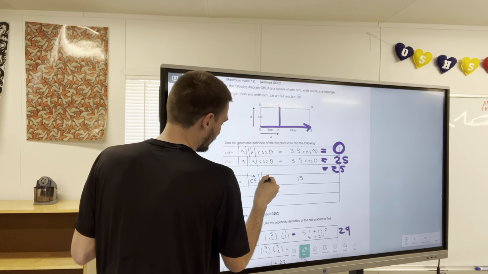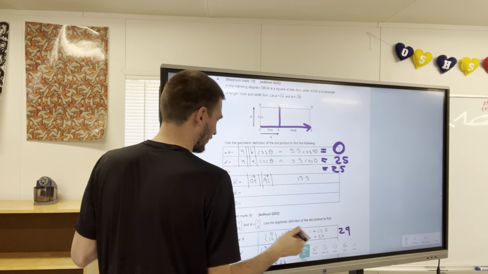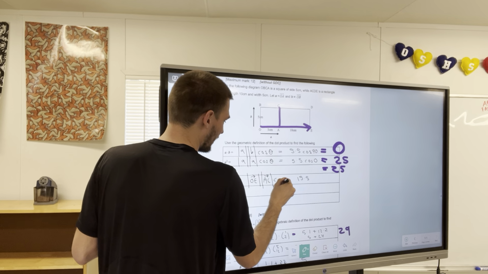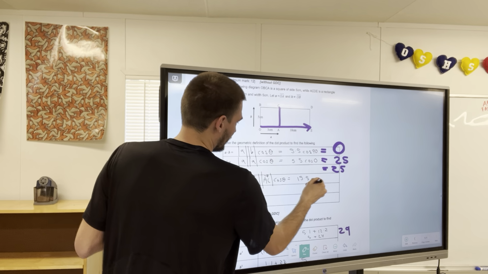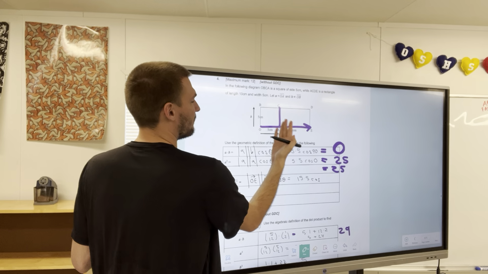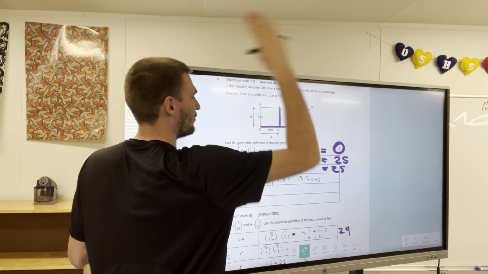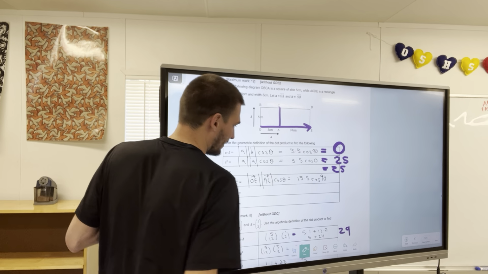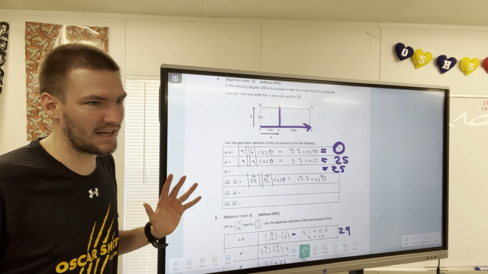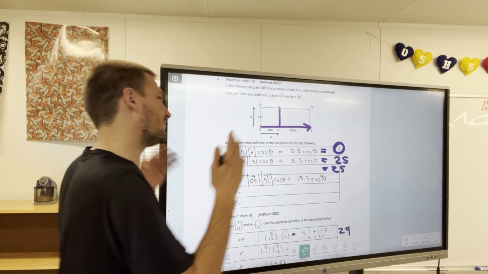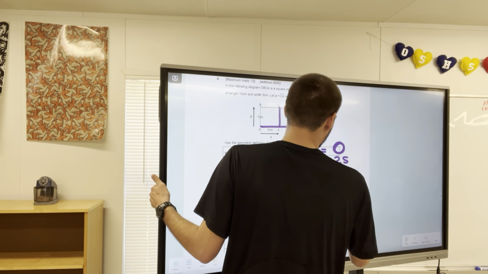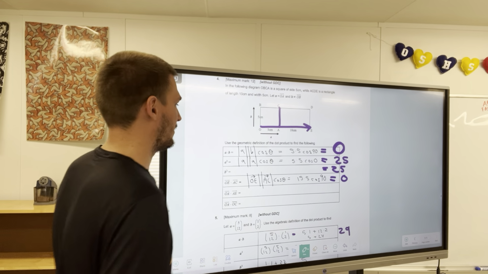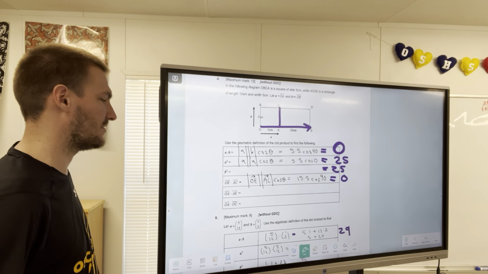What is the magnitude of AC? 5. And the cosine of theta: what is the theta difference between one going to the side and one going straight up and down? 90. And what's the cosine of 90? 0. If two vectors are perpendicular, their dot product will be 0.